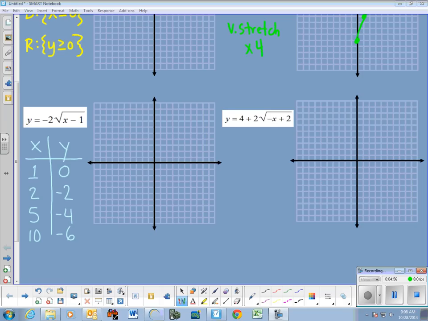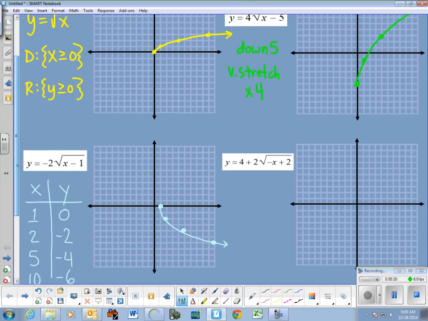Then I multiplied each value by -2, so let's see what we get. 1, 0, and 2, -2, 5, -4, and 10, -6.